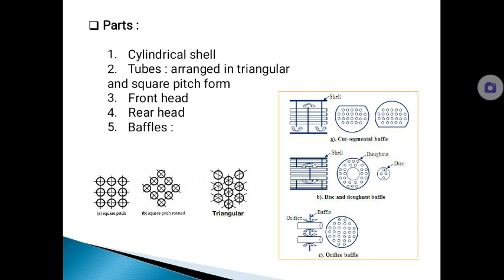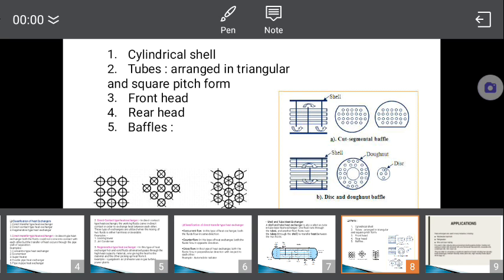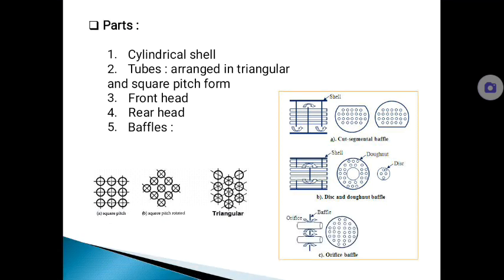In the first, the cut segmental baffle shown here, the upper half portion of the tubes will be covered and the lower half portion will be covered, and the middle portion is given for changing the direction of the fluids. Then there are donut type baffles, where the middle portion has a cavity. Then orifice type baffles are also shown here.